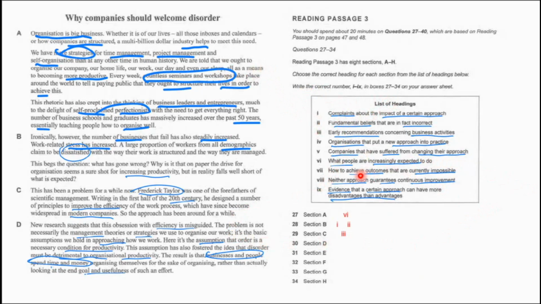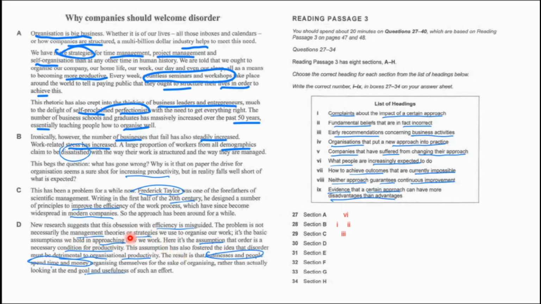The second option could be our answer since it talks about beliefs being incorrect. It could be our answer because here they are saying obsession with efficiency might be misguided. The problem is not necessarily the management theories or strategies we use to organize our work. It is the basic conception we hold in approaching how we work.